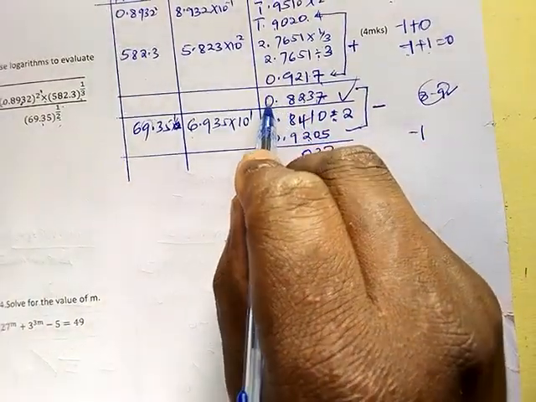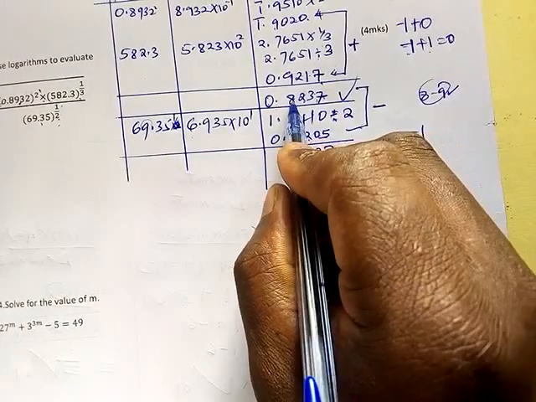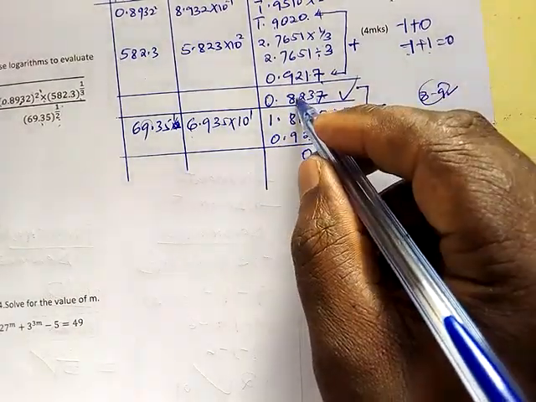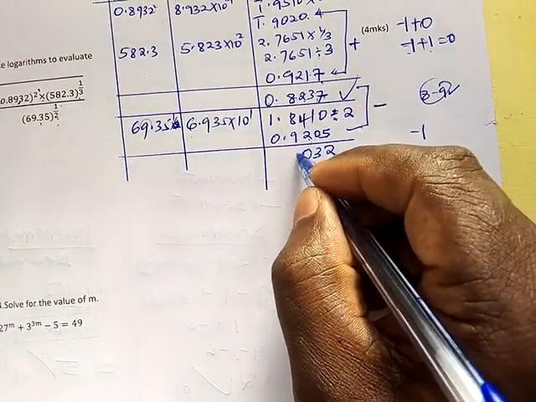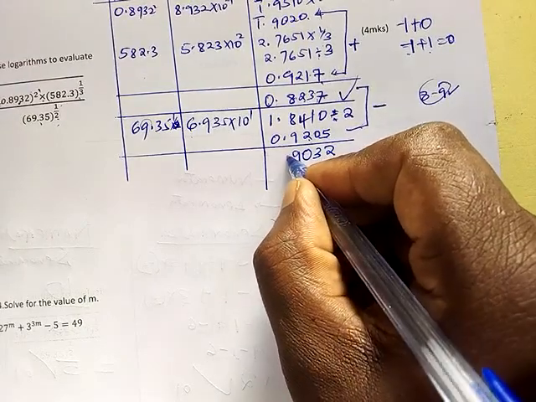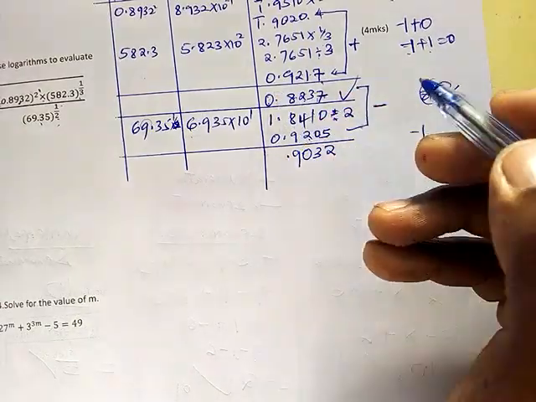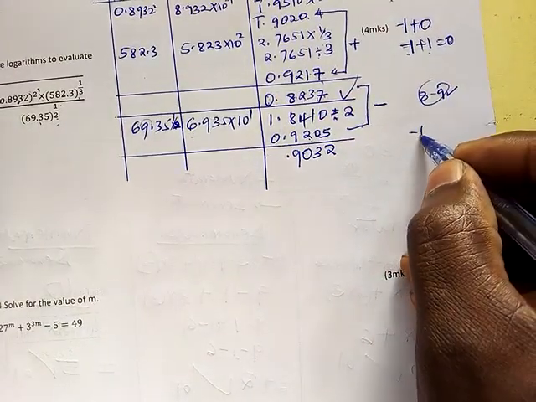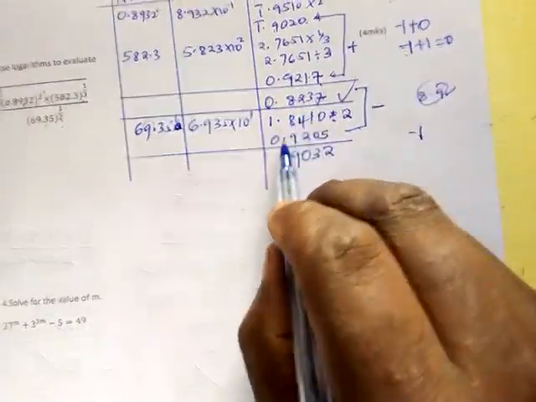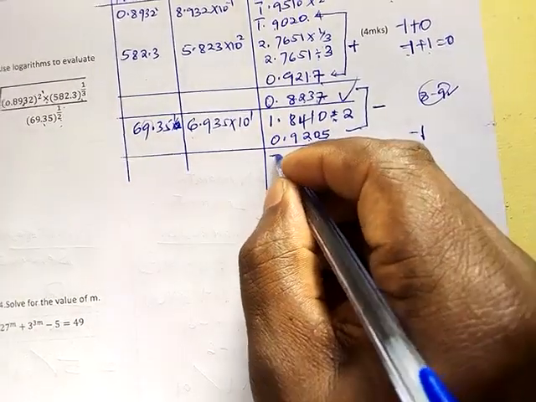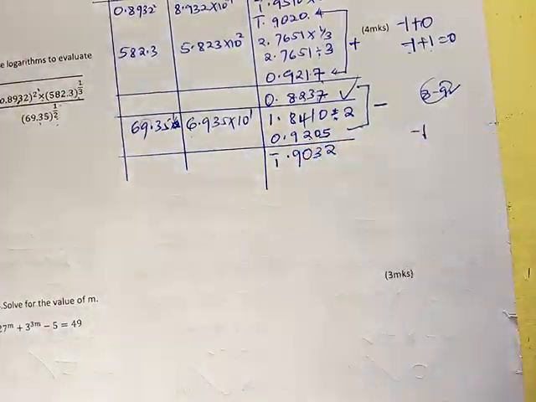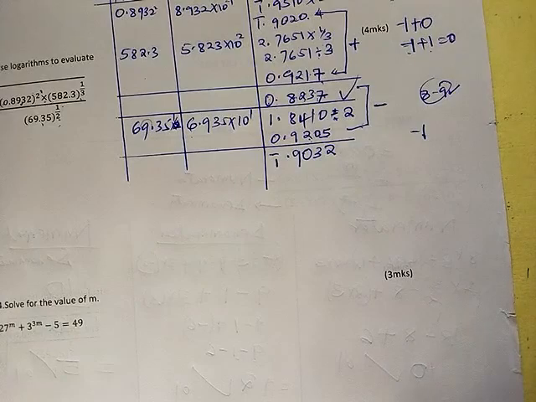So we borrow 1 from 0 to make this one 18. So 18 minus 9, the answer is 9. Right? But what we remained here with is -1. So -1 minus 0, the answer is -1. Very good. I hope that one is clear.